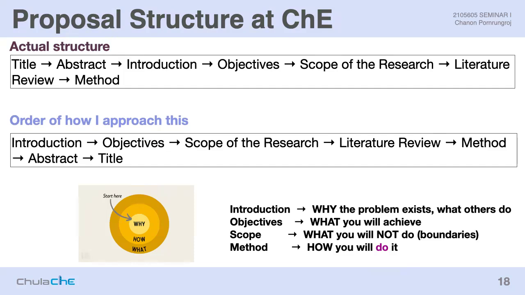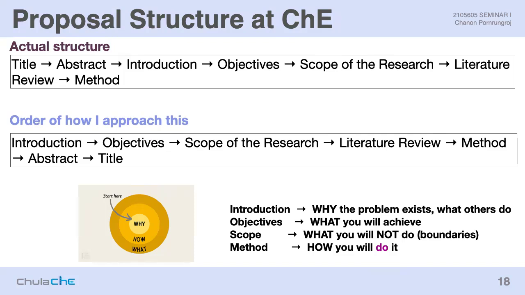So back to this page, right? This is the structure once again, and normally you would approach it this way. I would recommend starting from the introduction. Get your storyline straight. It's more like an abstract, but a little bit longer.